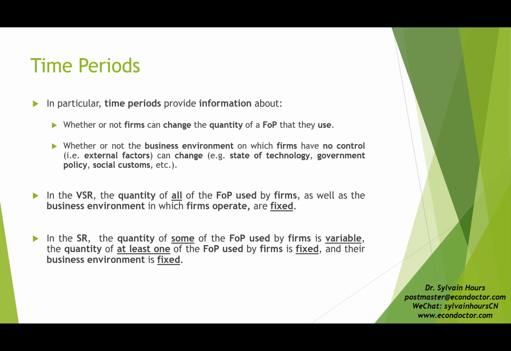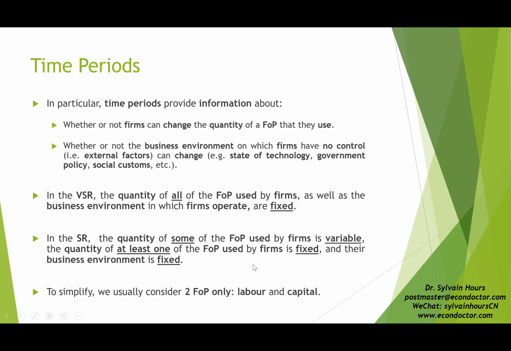You cannot change anything. In the short run, there are some factors of production for which you can change the quantity, but there is at least one FOP that is available in fixed quantity. Some are variable, but at least one is fixed. And the business environment is fixed in the short run.